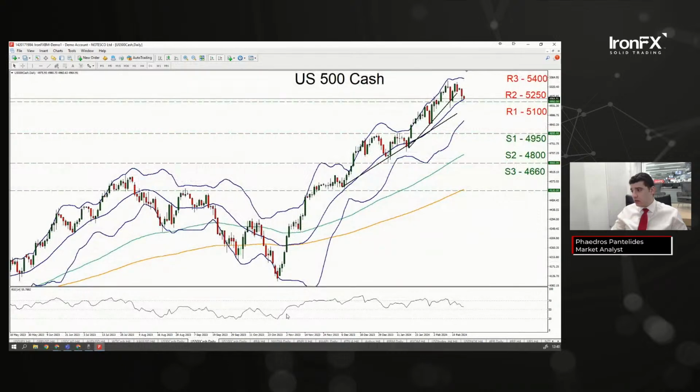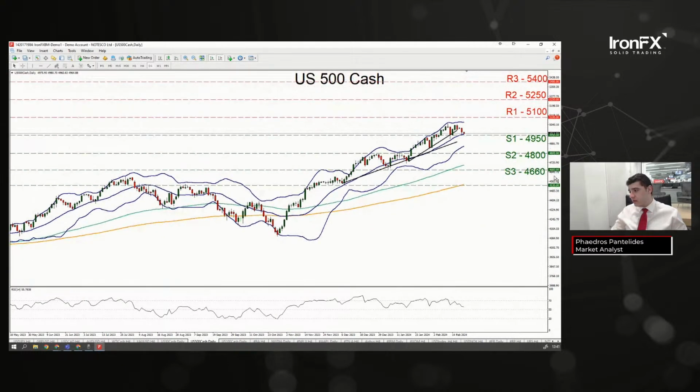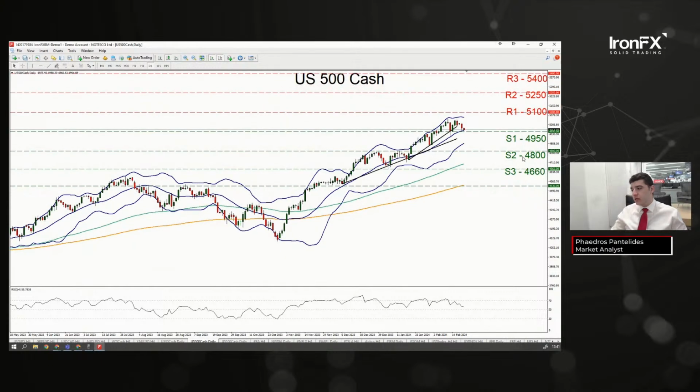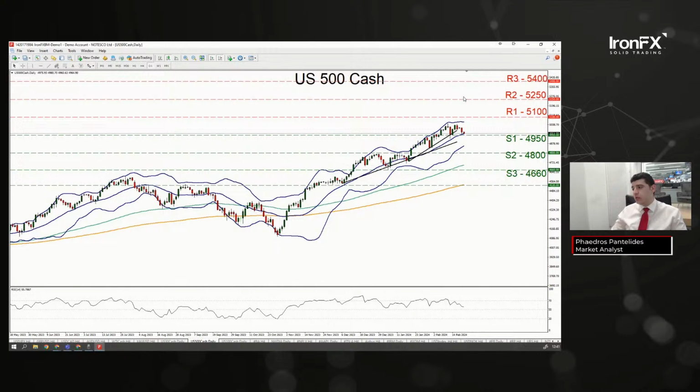Let's look at the S&P 500. S1 4,950, S2 4,800, S3 4,660. In terms of resistance, you've got 5,100, R2 5,250, R3 5,400.